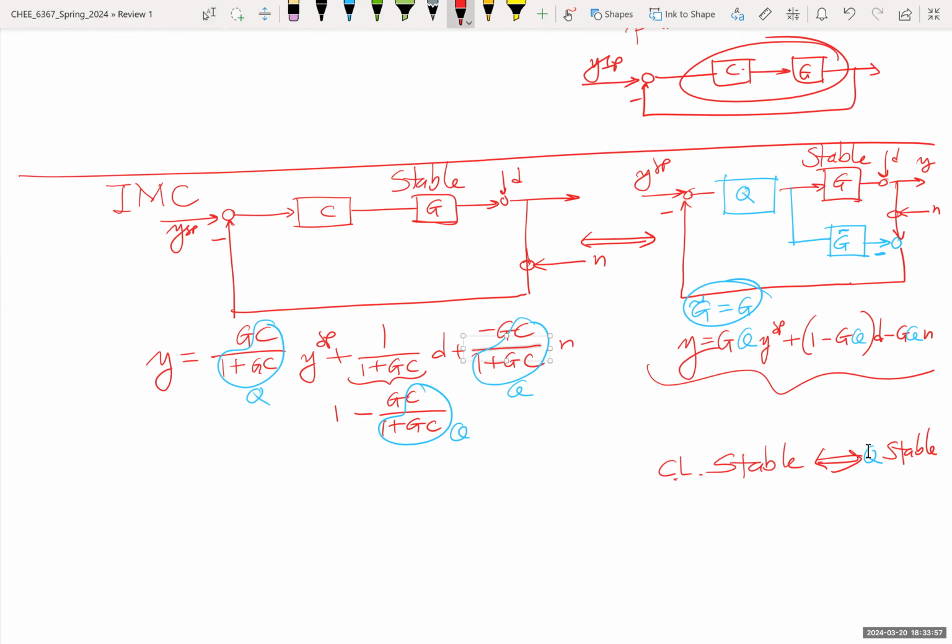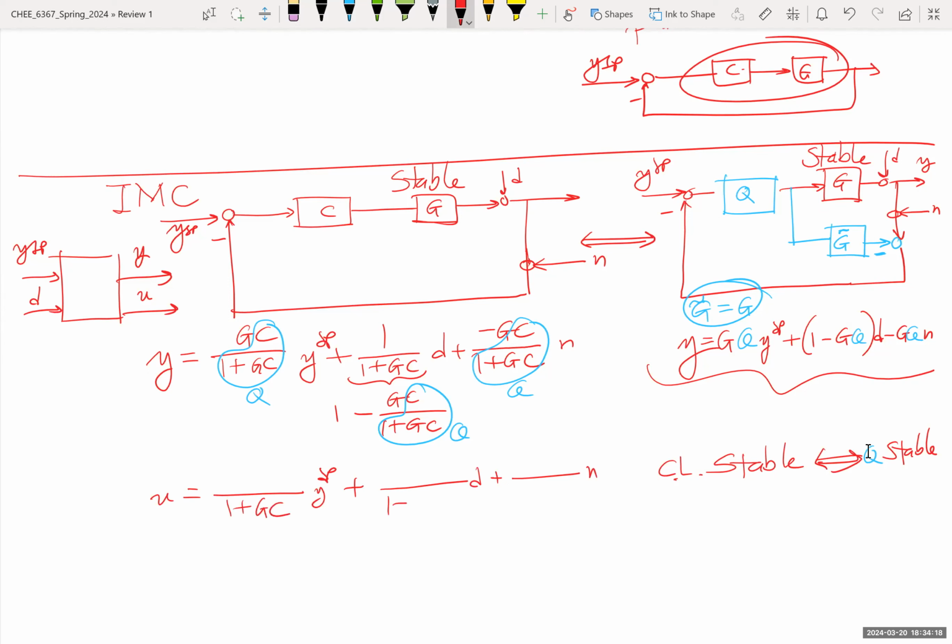Why is that? Remember, the closed loop does not have one output only. It has two outputs, Y and U, and there are Y set point, disturbance and noise as inputs. And U has the same structure: Y set point plus this times this plus this, and the denominator is the same.